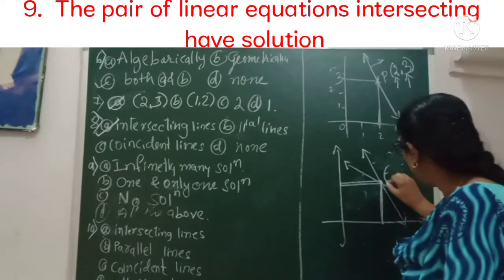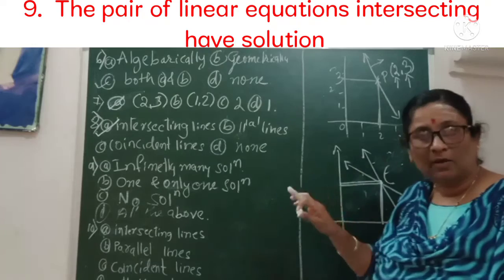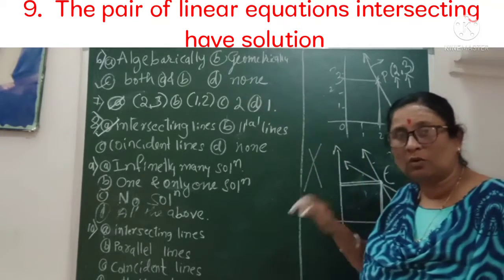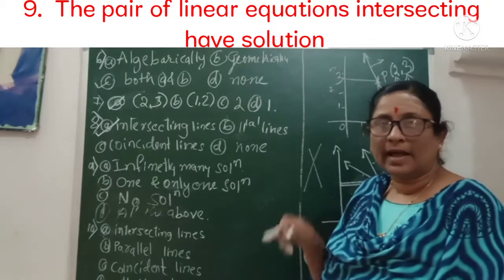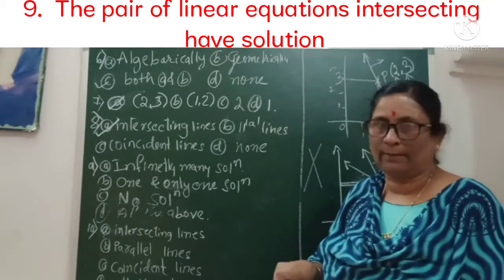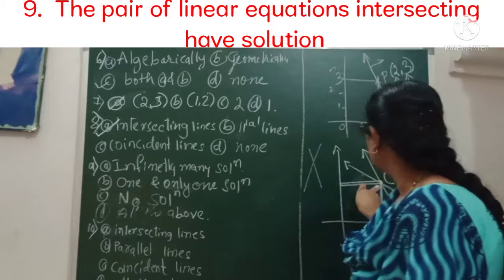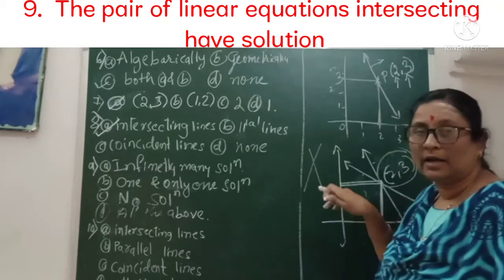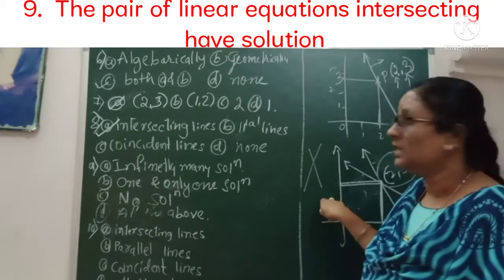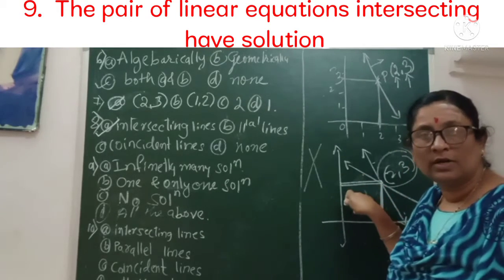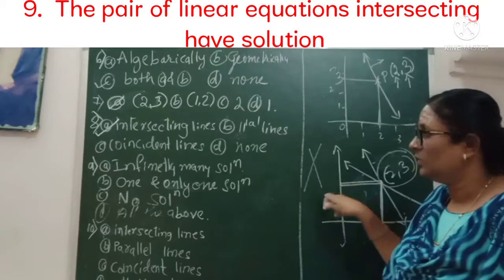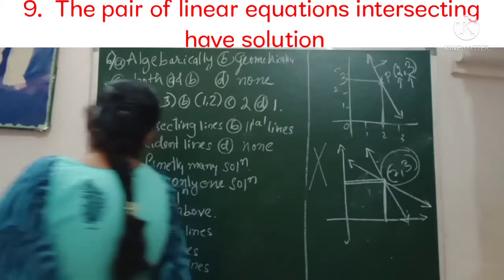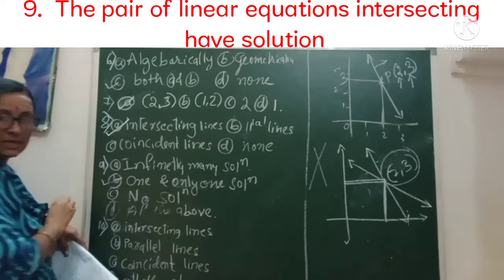That means they have only one solution. Because we know the basic concept, lines intersect at one and only one point. So whatever values you are getting, 2 and 3, this is the final one, and other than this you are not going to get any solution for this pair of linear equations. So when two lines are intersecting, you get one and only one solution. Okay, this is the correct answer.